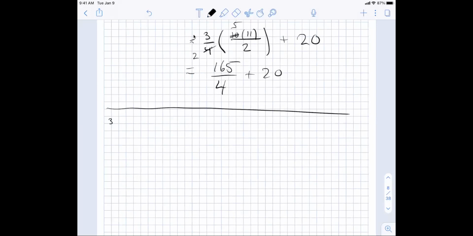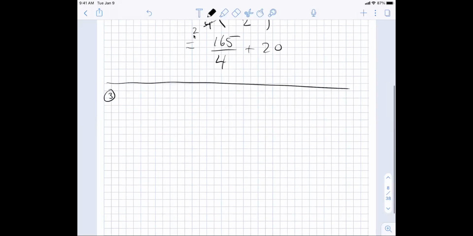So for part 3, if we're using n rectangles, just a general n, then what's going to be delta x? It's going to depend on n. I'm trying to fit n rectangles into a length of 5.